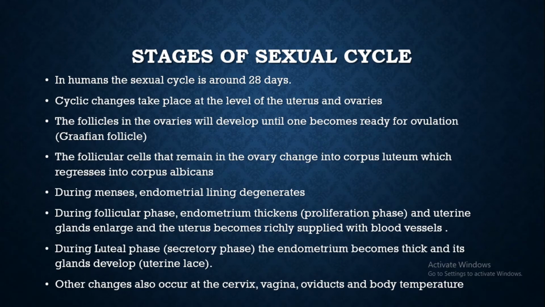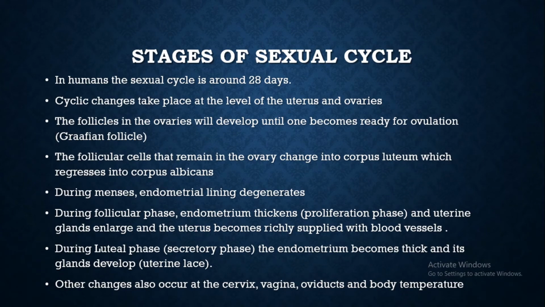The glands are very well developed, and we call them in this case the uterine lace. So the uterine lace is the terminology given whenever the glands of the uterus are very well developed, and they are very well developed after they pass through the secretory phase.